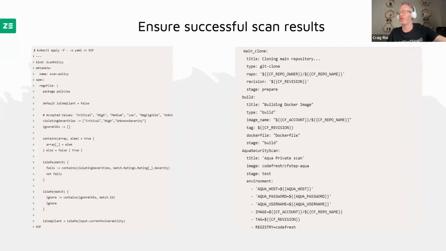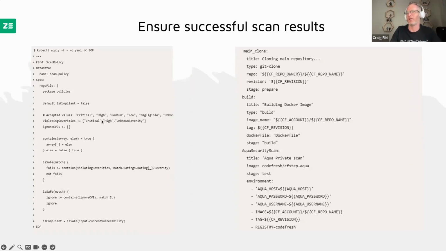And then here's an example of how you can set up a successful scan. On the right-hand side is some of the setup of how that would look from a YAML perspective, setting up an Aqua scan and some of the setup on the environment and some usernames and passwords and things I need. But the real meat of it is on the left-hand side, where I've now got my package policies and I want to say that if something is not compliant, it's false.